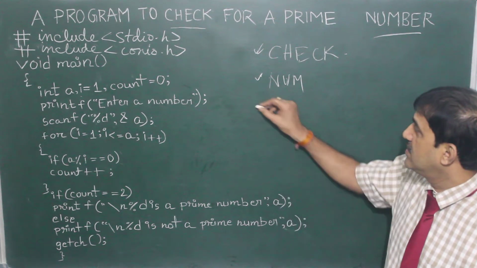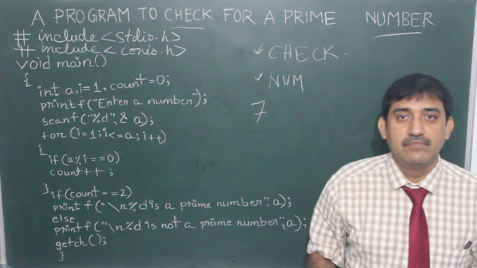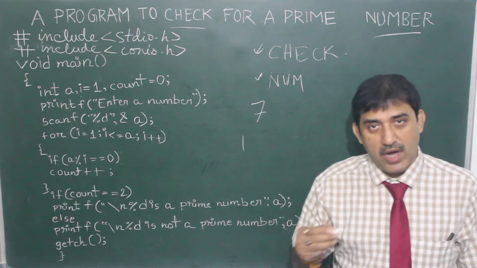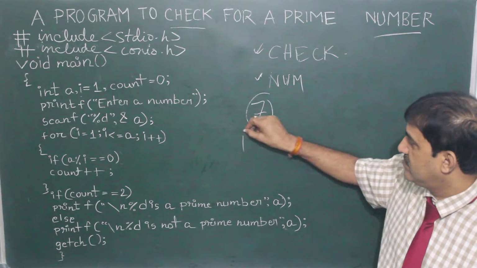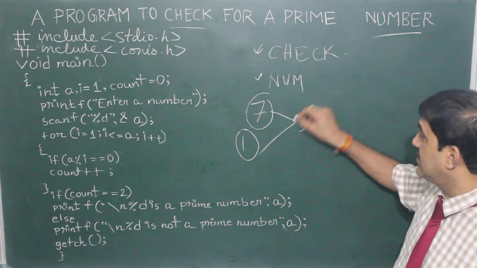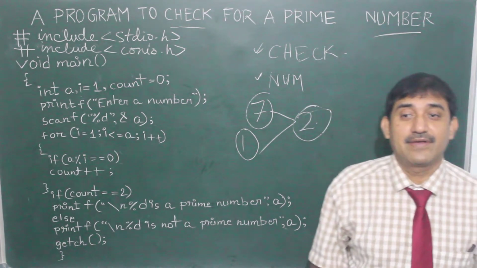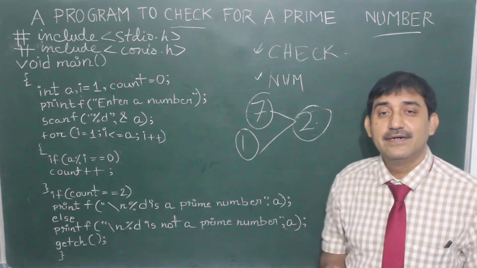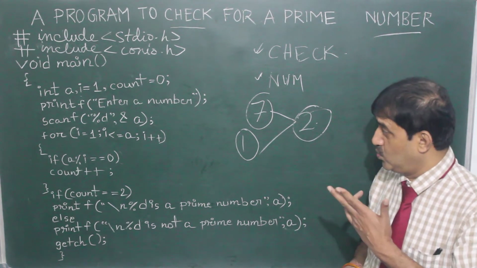Suppose 7 is a prime number. Why? Because 7 can be divided by 1 and 7. There are two factors that come out by dividing: the number 7 and 1, that is 2.